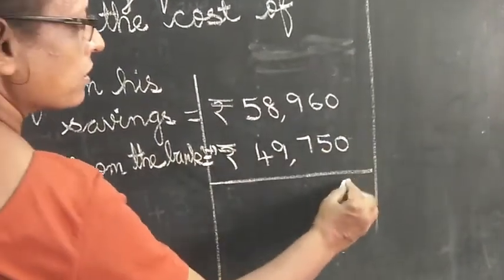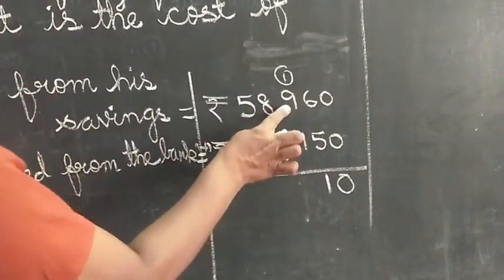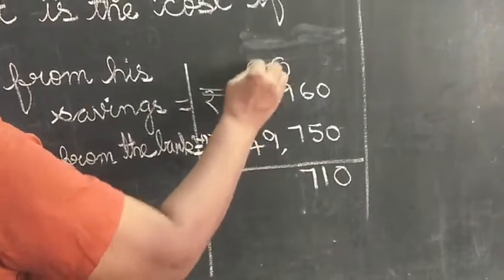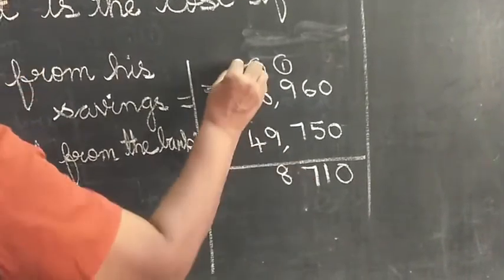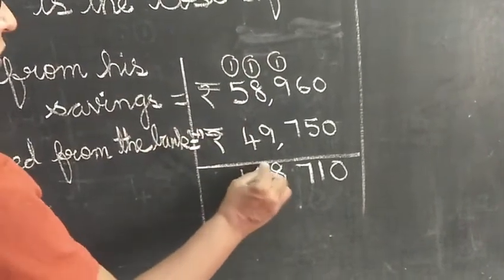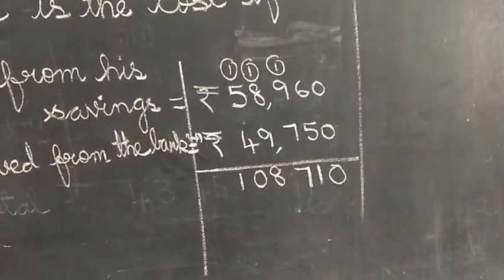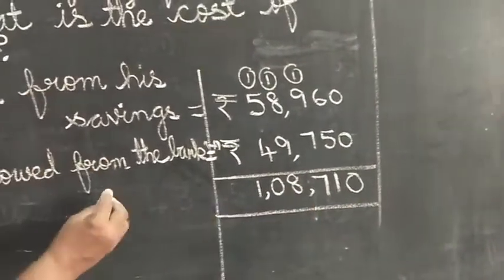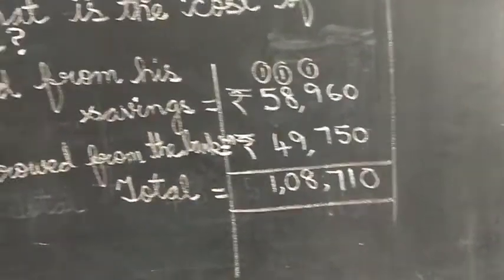Okay. 0 plus 0, 0. 6 plus 5, 11. 1 plus 9, 10. 10 plus 7, 17. 1 plus 8, 9. 9 plus 9, 18. 1 plus 5, 6. 6 plus 4, 10. So what amount, children? 1,08,710. So total you write here, and then I will write the answer down here. Okay.